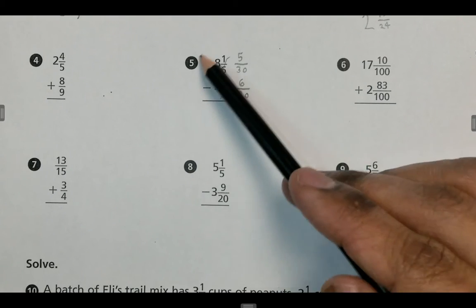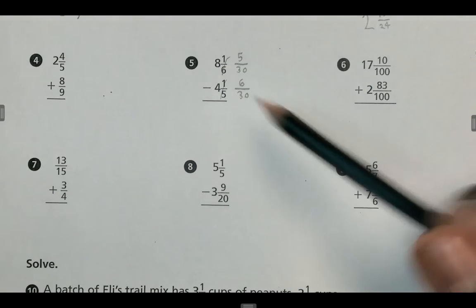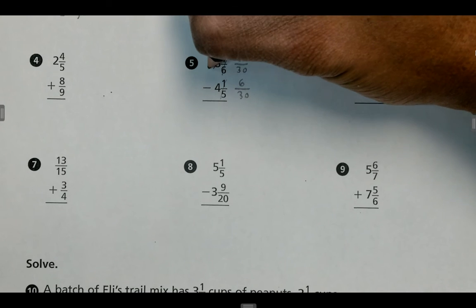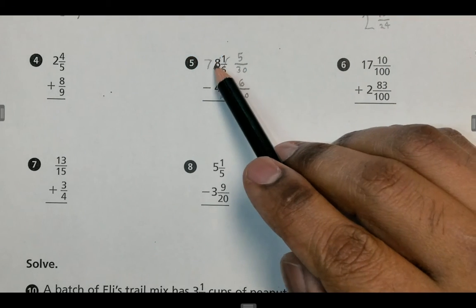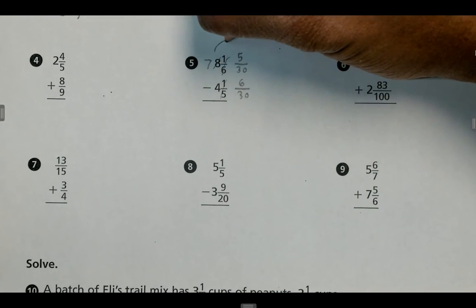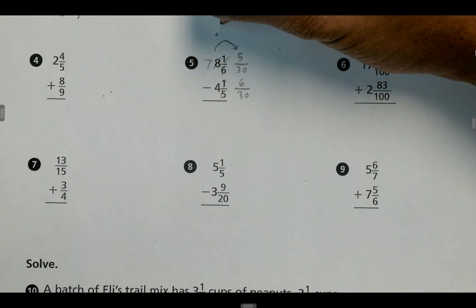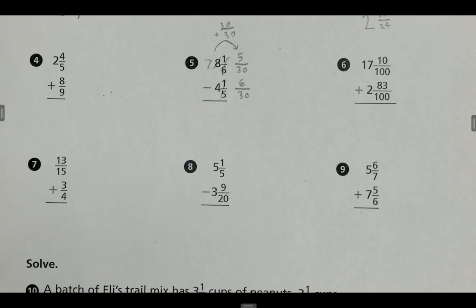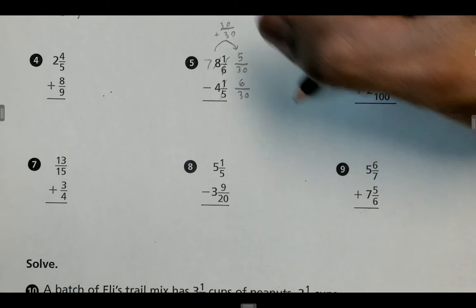To borrow from the whole means whole number 8 becomes whole number 7. And that whole gets added into the fraction. I'm going to add in 30 over 30 to what I started with.